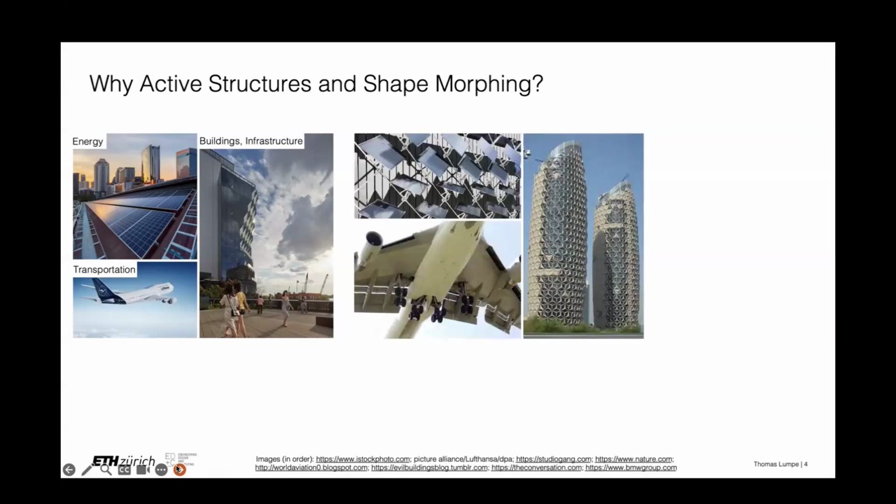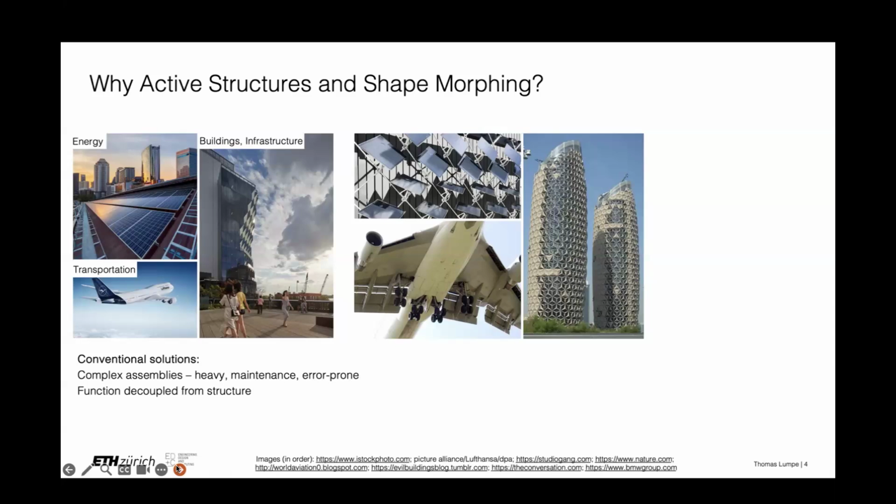And so in his work, what he was looking at is different ways to provide these types of active structures and shape morphing in a way to try to have maybe a simpler way to look at this, rather than the traditional complex assemblies that are heavy, have high maintenance, error prone, and where the function is often decoupled from the structure itself.